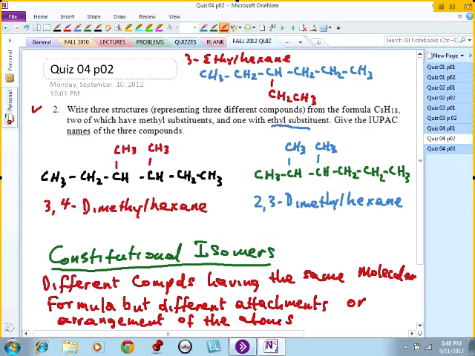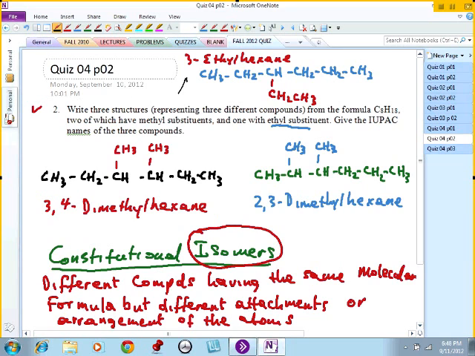Now, this is a very important concept indeed. We are going to be dealing with a lot of isomers as we go along in organic chemistry. This type of molecules we call constitutional isomers. In other words, let me just label.